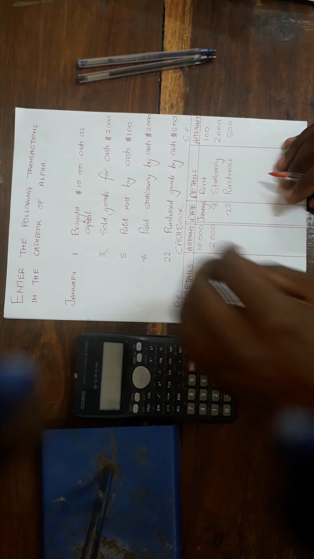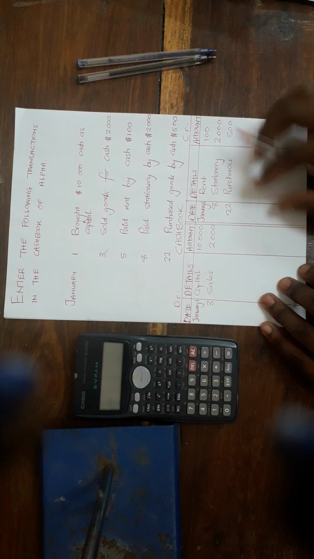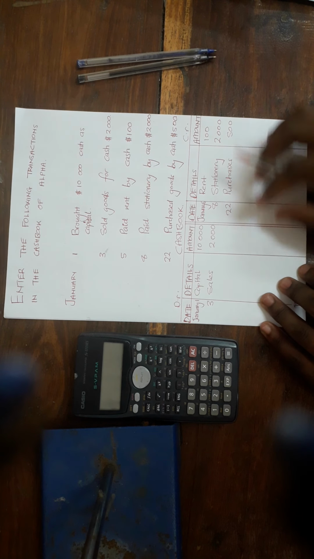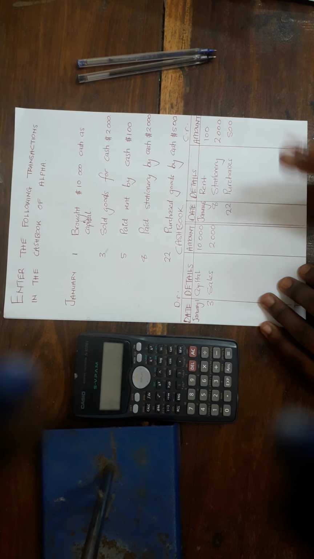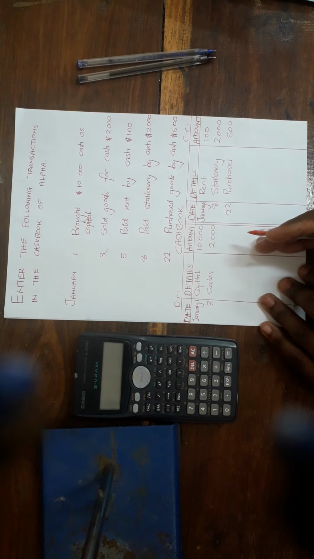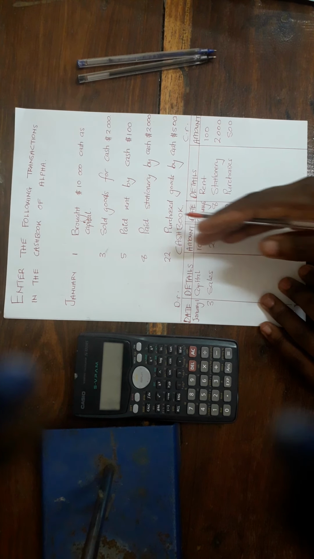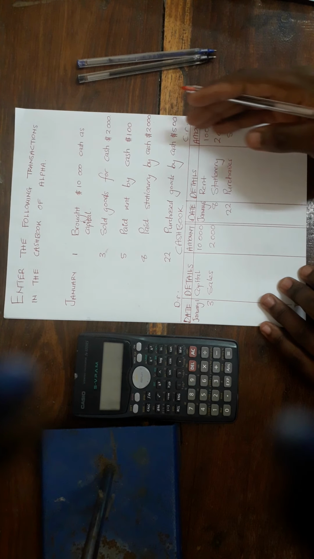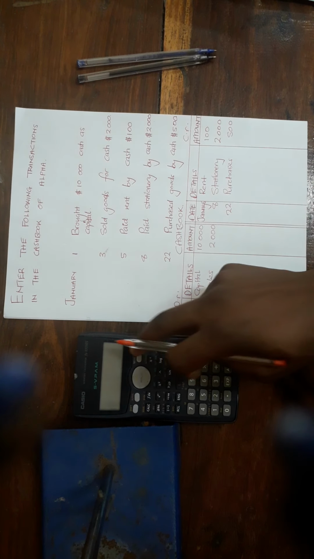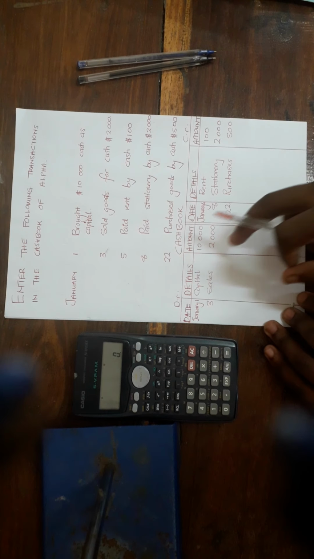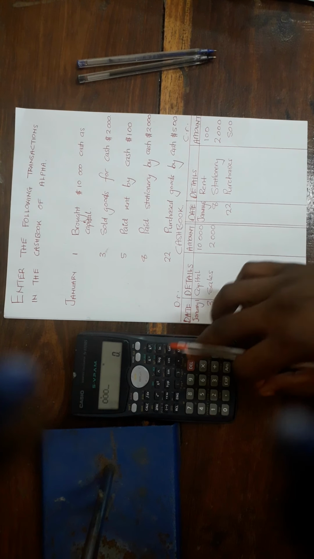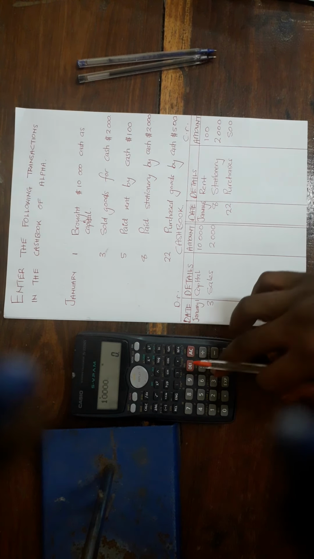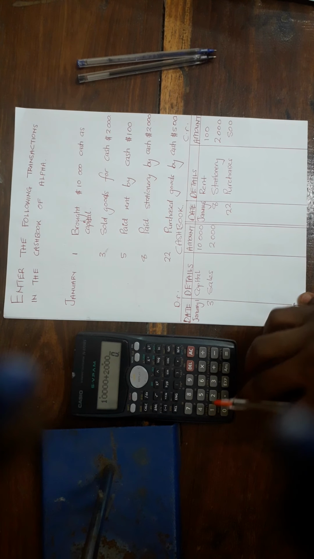Now, the next step is to balance our cash book. How do we balance our cash book? The first thing we have to do is add the total of all transactions we have recorded on the debit side and the total of transactions we have recorded on the credit side. Let me punch in the figures in the calculator. 10,000 plus 2,000 on debit side.